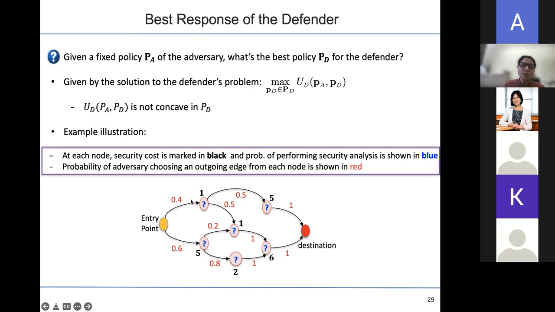And the red values on the edges are the transition probabilities of the adversary. So we fix the adversarial policy, right? That's why we know what the red values are and we know the resource cost. And the defender problem is trying to answer all these blue question marks here. So with what probability I should choose this node as the security checkpoint? Likewise for all the other nodes. So this is the problem that we are looking at here.